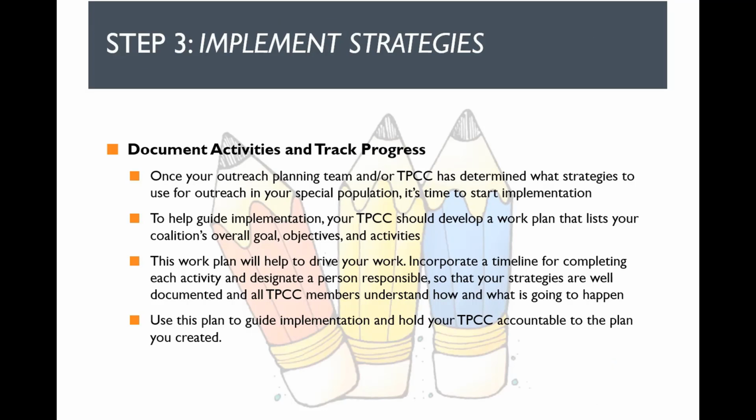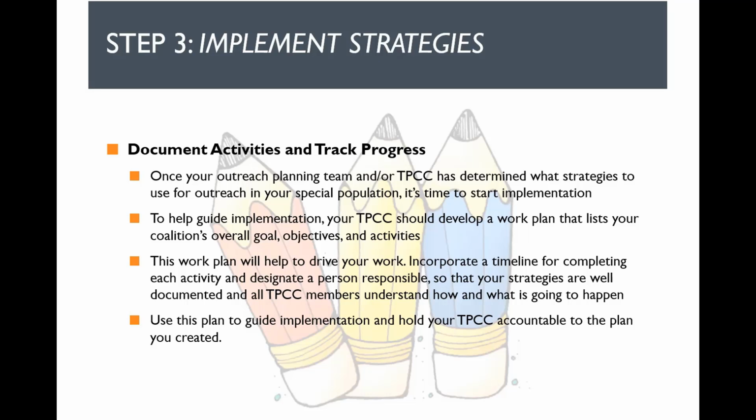Once your outreach planning team or your TPCC have determined strategies to use for outreach in your target population, it's time to start implementation. To help guide implementation, your TPCC should develop a work plan that lists your coalition's overall goal, objectives, and activities. This work plan will help to drive your work.